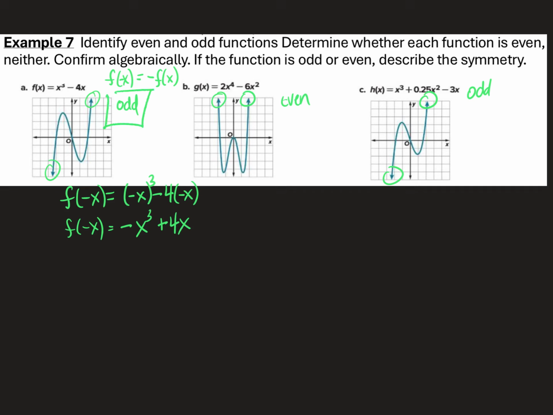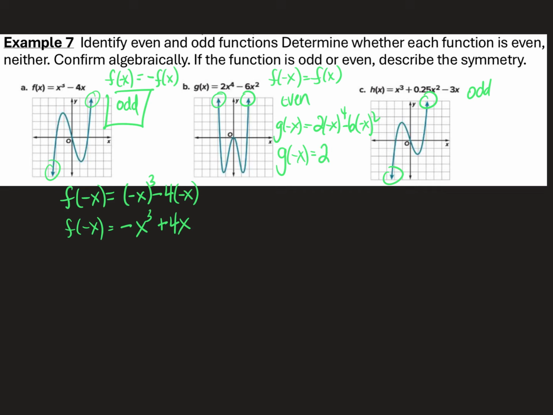Let's look at letter B. To be an even function, f of negative x has to equal f of x. So let's see if that's true. So g of negative x would equal 2 times negative x raised to the 4th power minus 6 times negative x raised to the 2nd power. So g of negative x equals, I could do my exponent first.